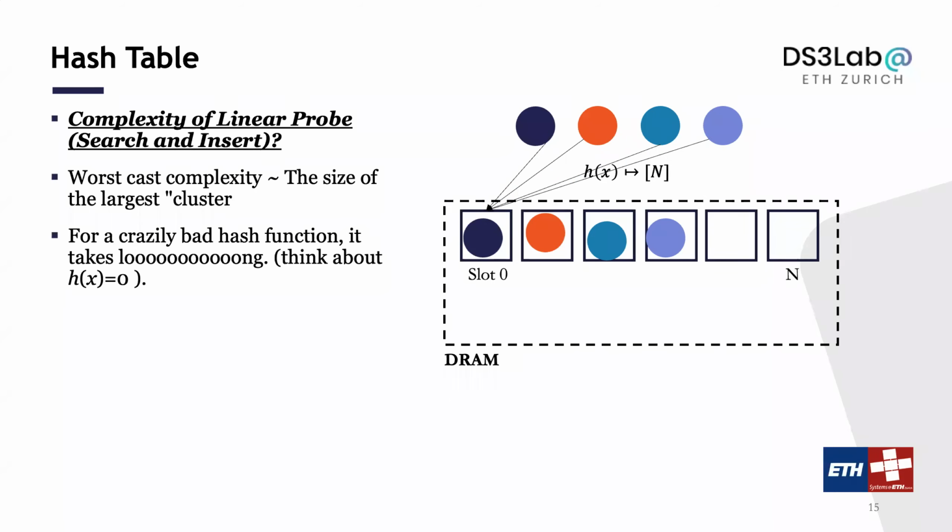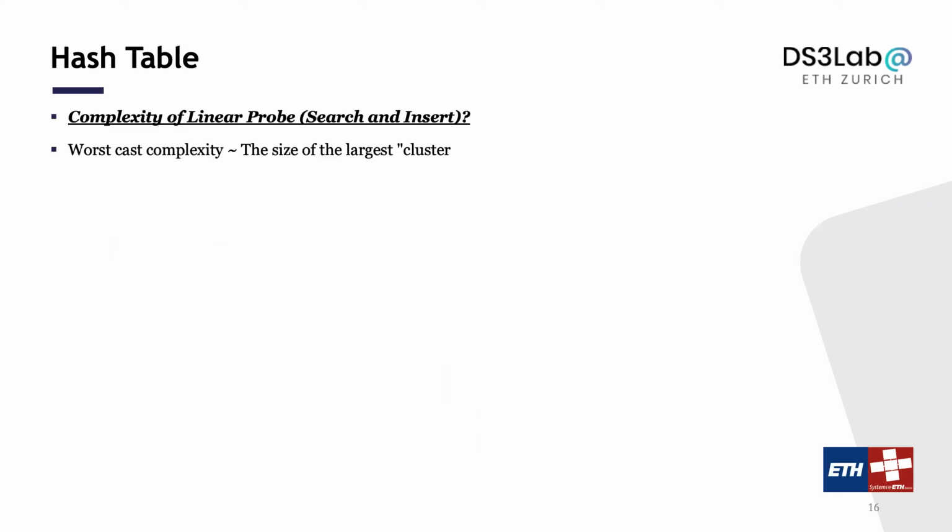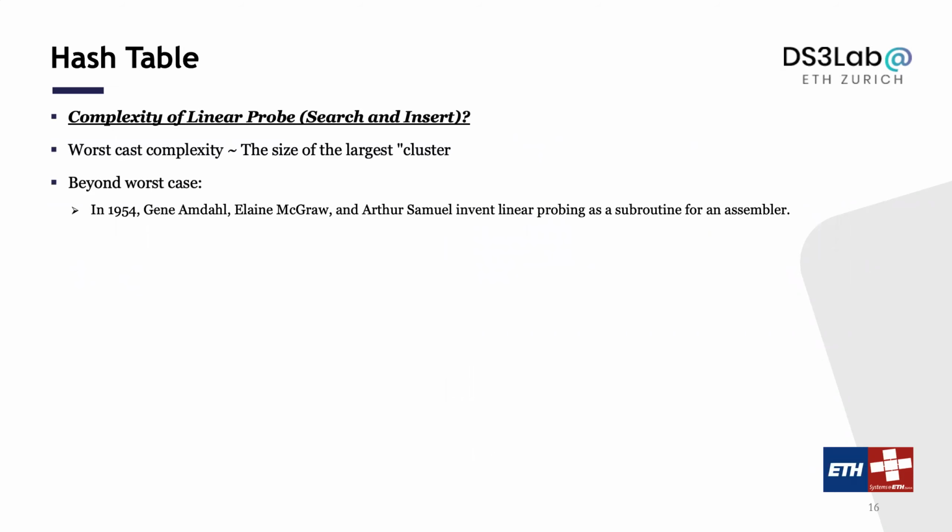So that's one limitation of linear probe, that it is really sensitive to the hash function that you are using, and we really hope it has a good property in terms of randomness. But in expectation, given a reasonable hash function, linear probe is actually very powerful. Linear probe is one really early algorithm people tried, in like 1954.